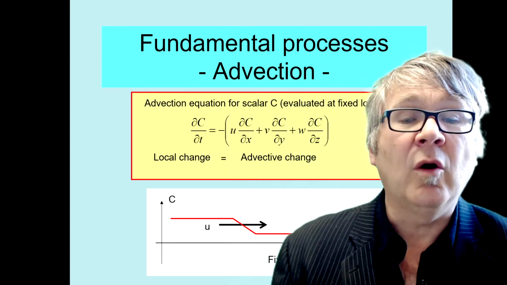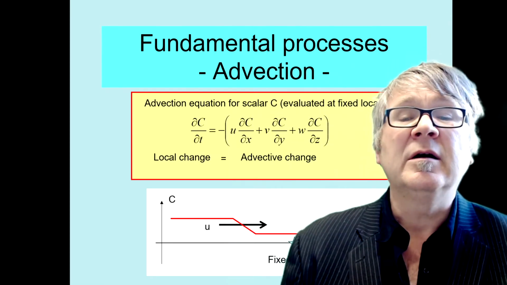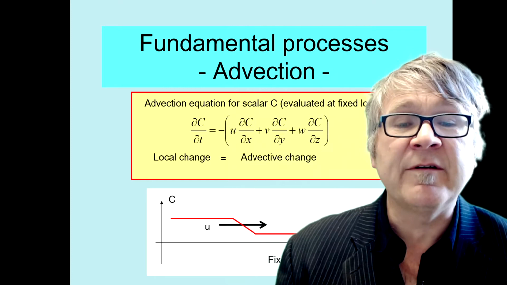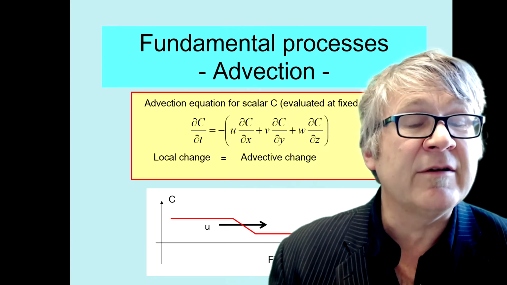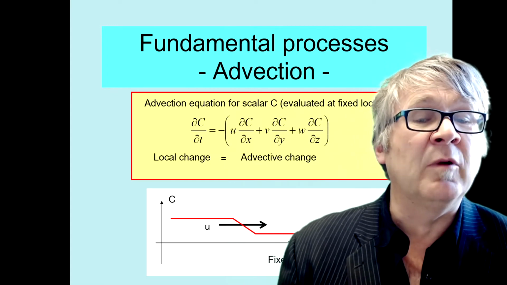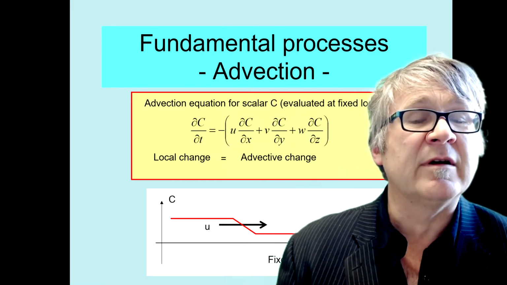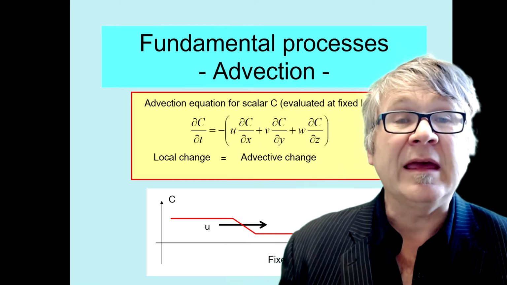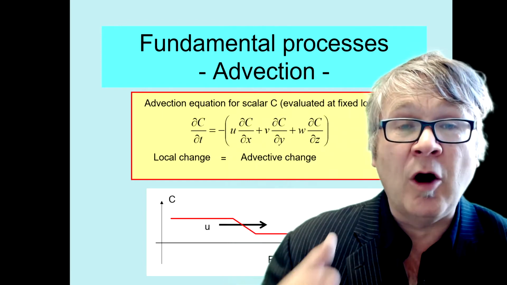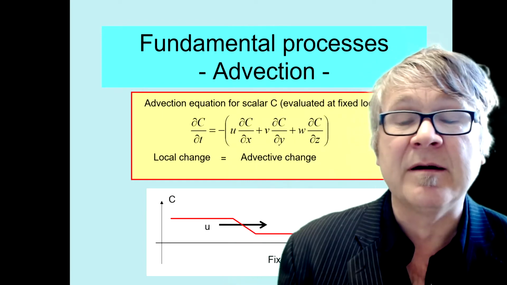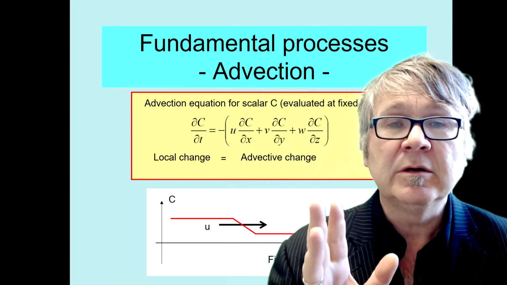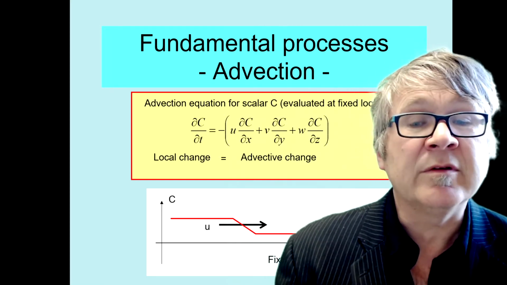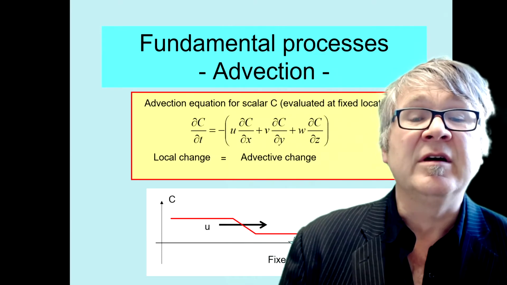Advection, all the three components of advection. You have one in the x direction, one in the y direction, and one in the vertical. Okay, and they all operate at the same time. And if they're all together not zero, then you experience a change.